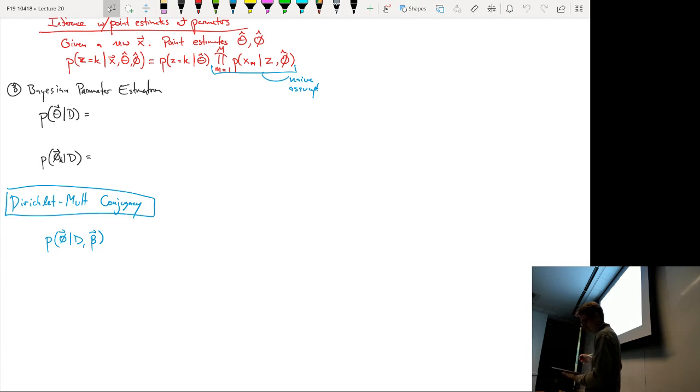Okay, so what that looks like is we're going to have a bunch of terms here. The first term is, let's say, proportional to, so I'm going to drop the probability of the data term because it doesn't depend on phi. So it's proportional to the probability of the data given the vector phi. Oh, and sorry, here the data we just said was this vector of x's, so we'll use that notation.